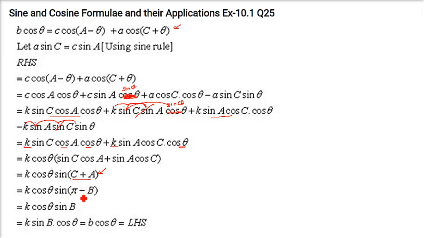Now this is sin(pi minus b), and sin(180 minus theta) is nothing but sin theta, so sin(pi minus b) is sin b. This is k cos theta sin b. Now by the sine rule, k sin b can be written as b, so this is b cos theta.